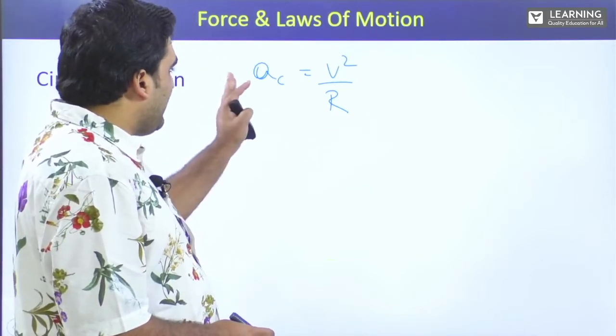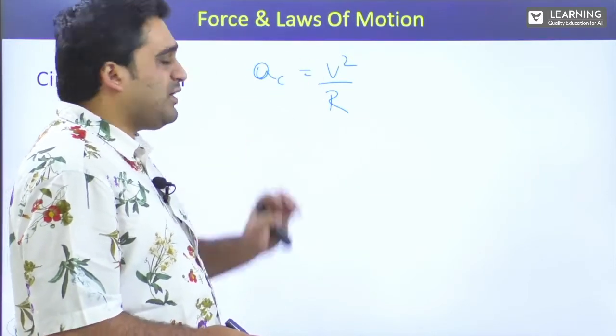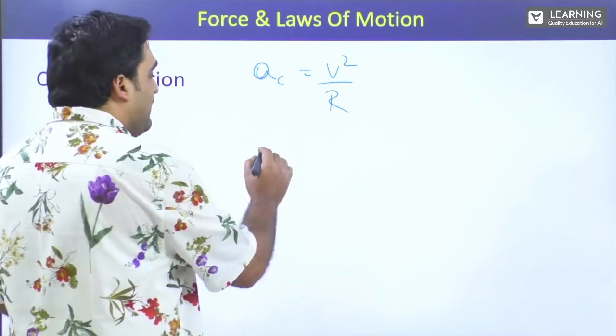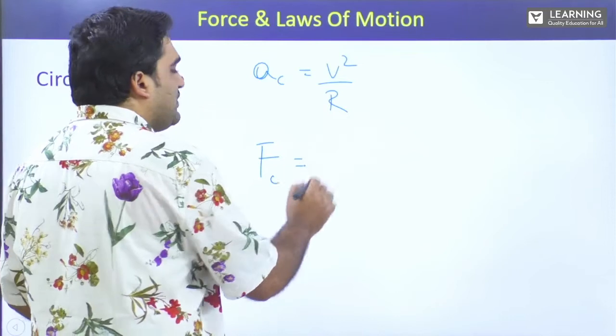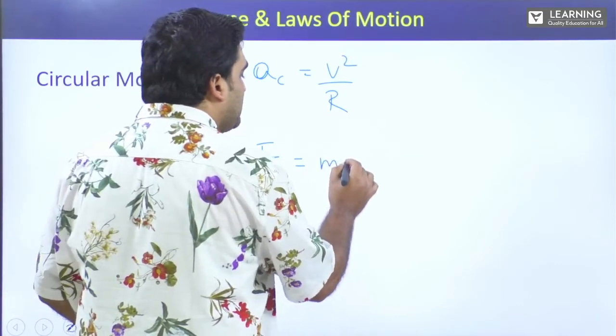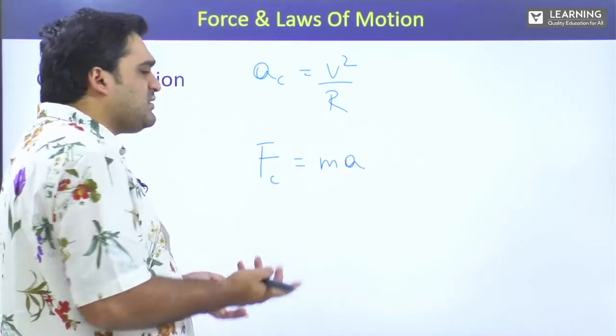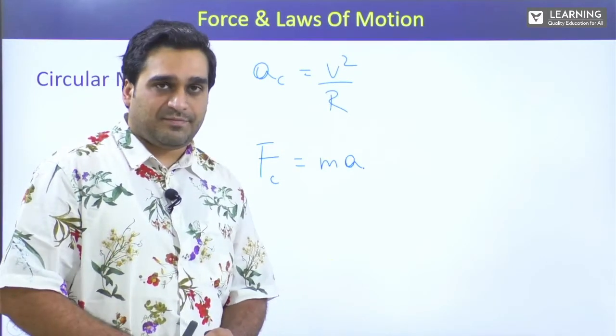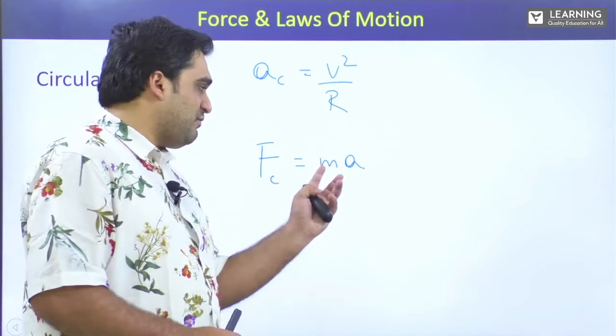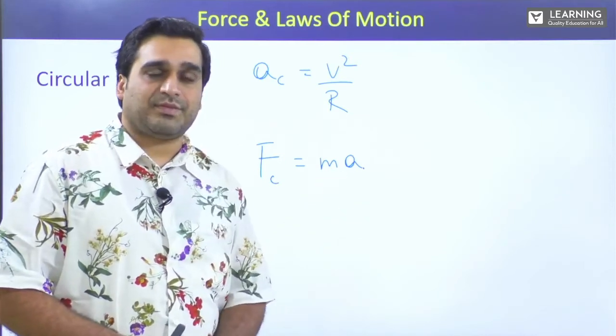Now that we know centripetal acceleration is v squared by r, the centripetal force, let's say F_c, equals mass times acceleration. This is how we usually define force by Newton's second law, as the product of mass and acceleration.